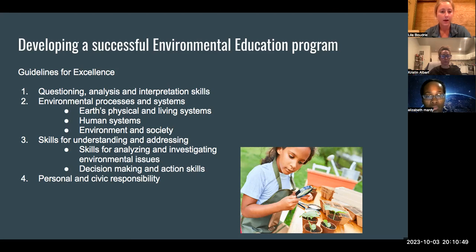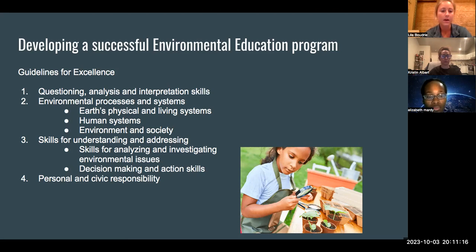And then this subcategory is broken up into 3 different parts. So Earth's physical and living systems, human systems, which examples would be political and economic systems, and then environment and society. So that would include human environment interactions, resource distribution, and different locations.